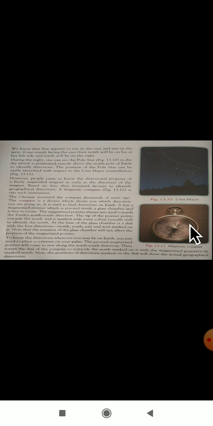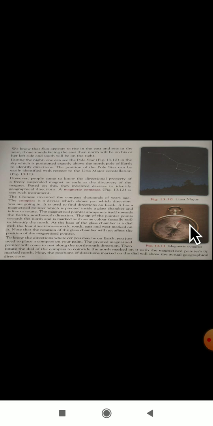Next point you see here. At the base of the glass chamber is a dial with the four directions north, south, east, west marked on it. Note that the rotation of the glass chamber will not affect the position of the magnetized pointer. To know the directions wherever you may be on earth, you just need to place the compass on a palm.